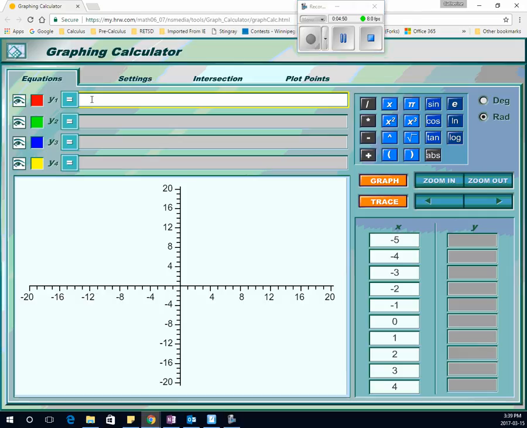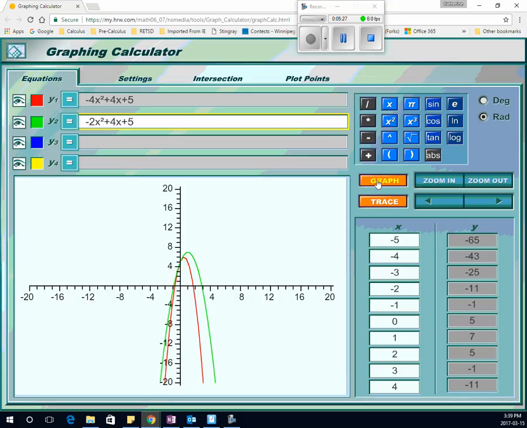So the first one was negative 4x squared plus 4x plus 5. There's the graph there. The other one was negative 4x squared. Oh, sorry, I'm changing that to a 2, so let's change that back. So negative 2x squared. Again, it's still the same one, plus 4x plus 5.